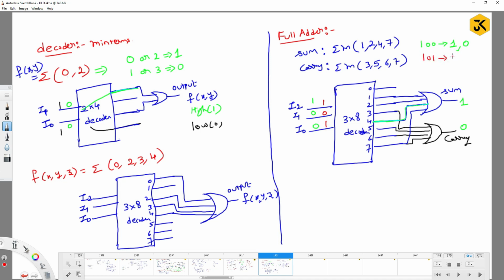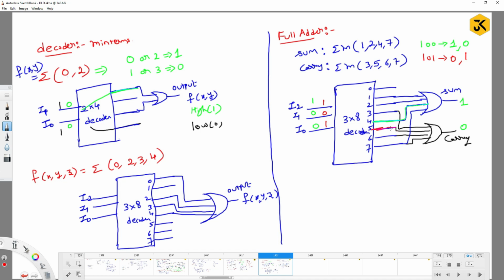Similarly, if you go for 1, 0, 1, what is the output? 1 plus 0 is 1, 1 plus 1 is 0, and carry will be 1, right? So if I give 1, 0, 1, which line is going to be highlighted? The 5th line is going to get high voltage, right?